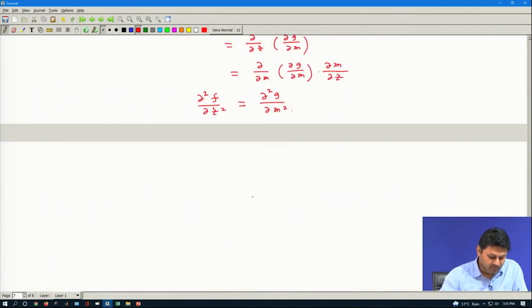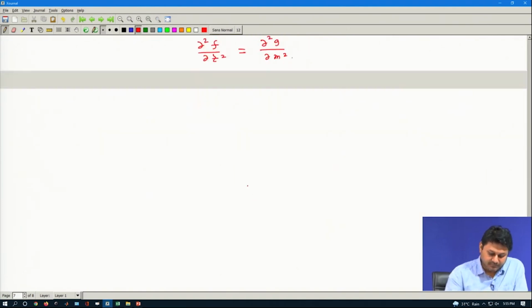In a similar way, now we will check what we have for the time derivative. So, I have d2f/dt square.